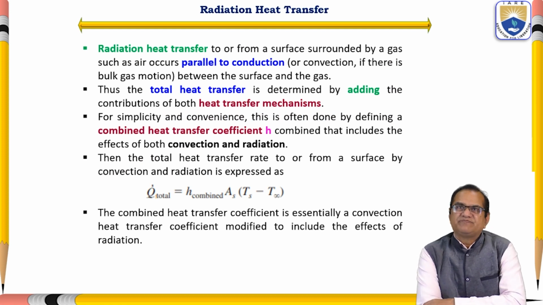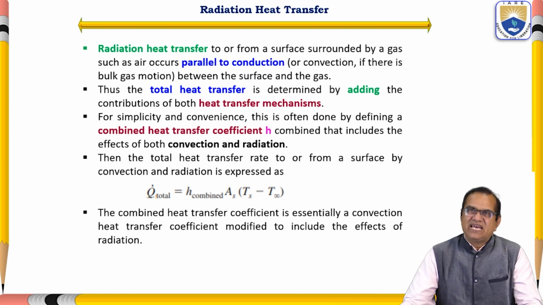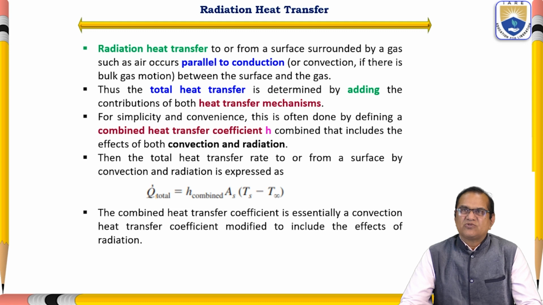Radiation heat transfer to or from a surface surrounded by a gas such as air occurs parallel to conduction or convection if there is a bulk gas motion between the surface and the gas.